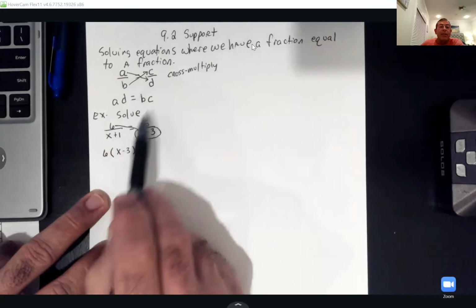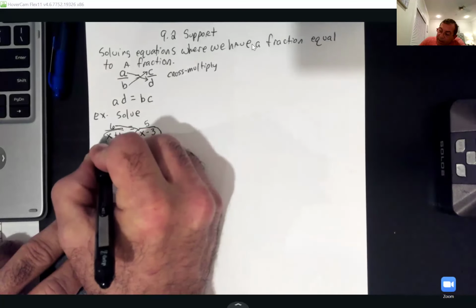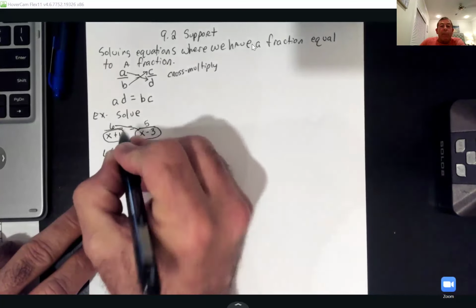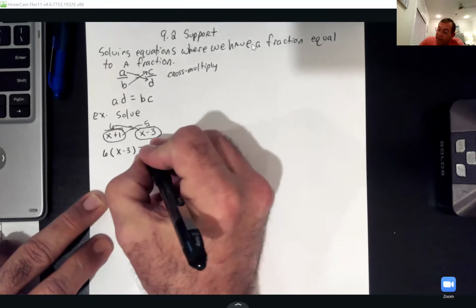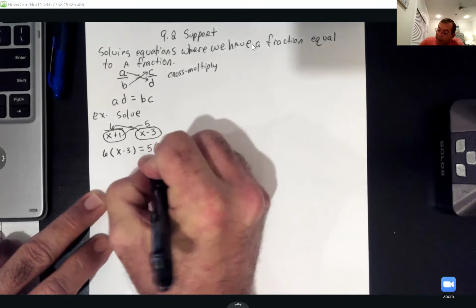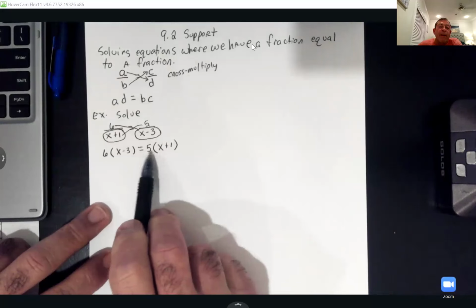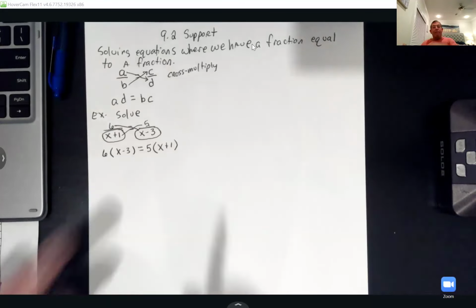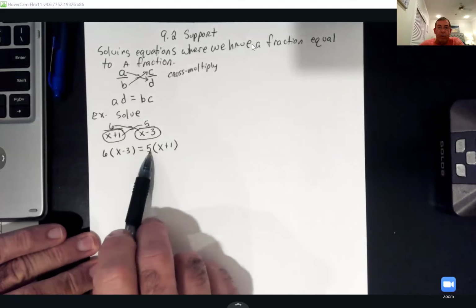That's my A times D. Then both of these, the x plus 1, both of them has to multiply times that 5. So this side will be 5 times x plus 1. So I'm just putting my 5 first instead of at the back. All right, but notice the fraction's gone after we cross multiplied.